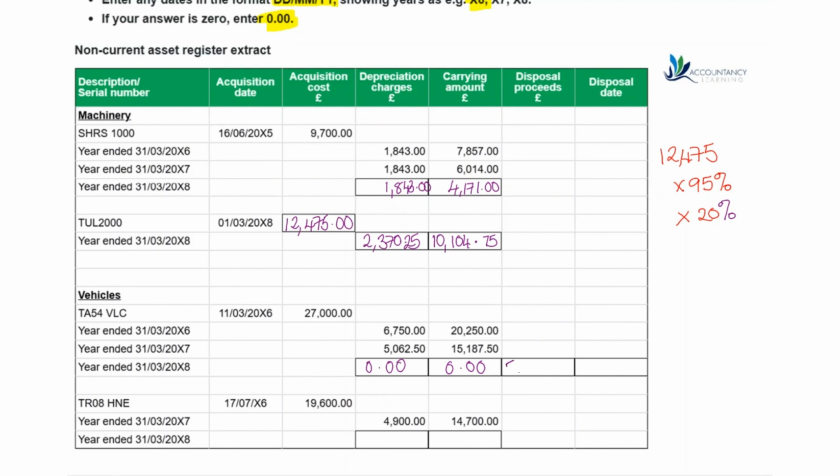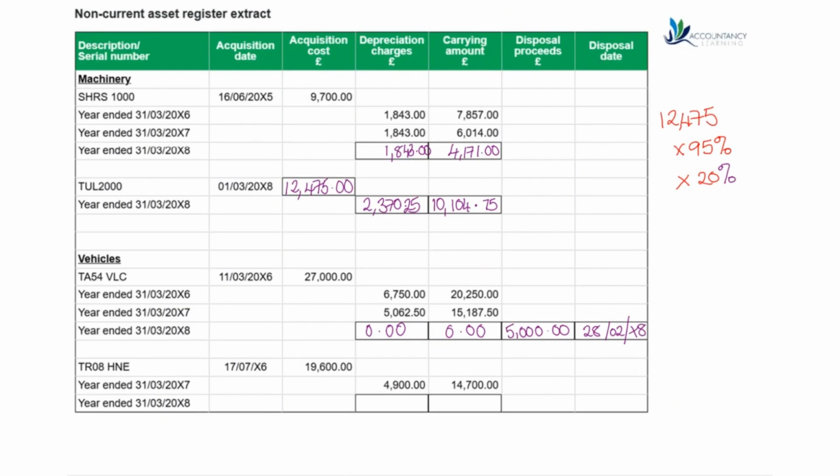We know that the disposal proceeds were £5,000. And at the very start of the question, it told us it was on the 28th of February, X8. And remember, we're following that format that we're given to make sure that we get the marks in the question. So next then we need to do the final car, which is the diminishing balance method at 25%.